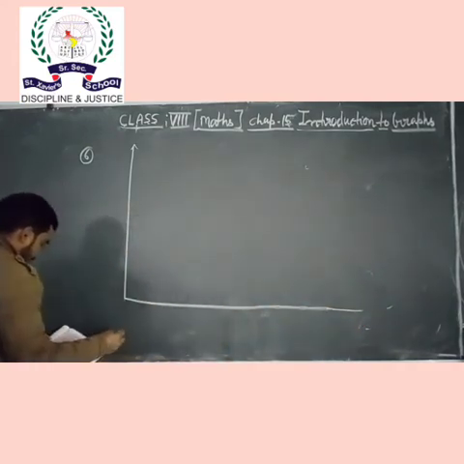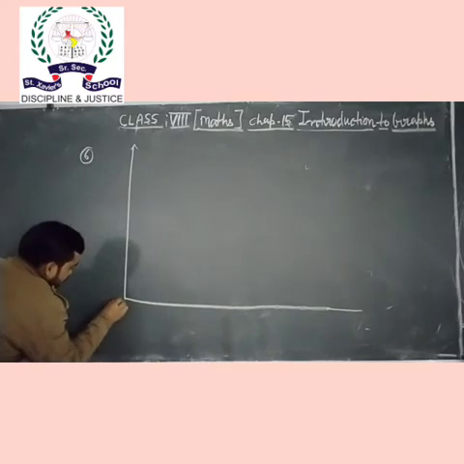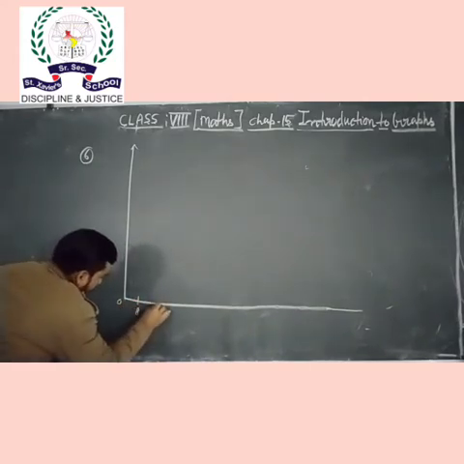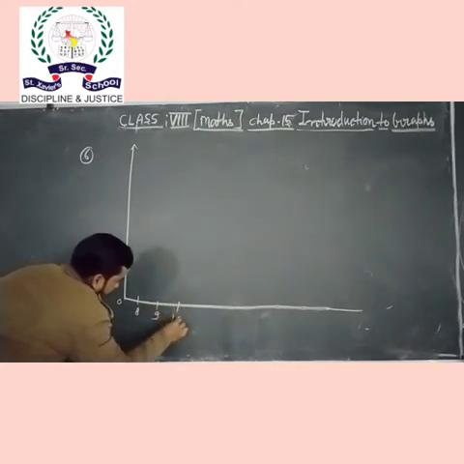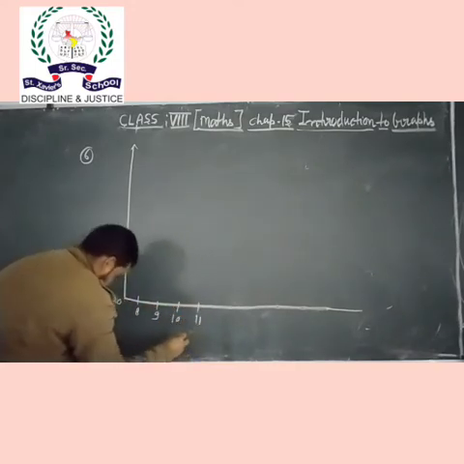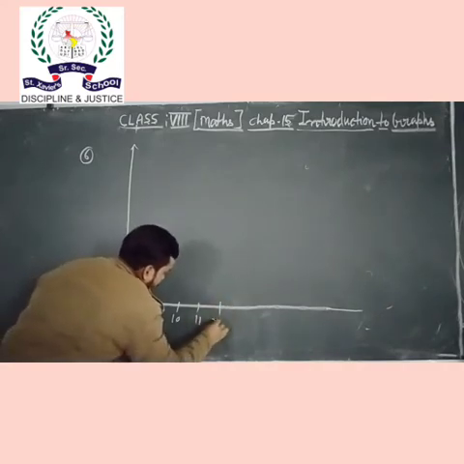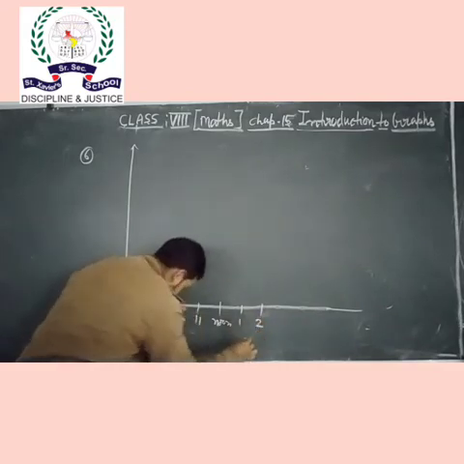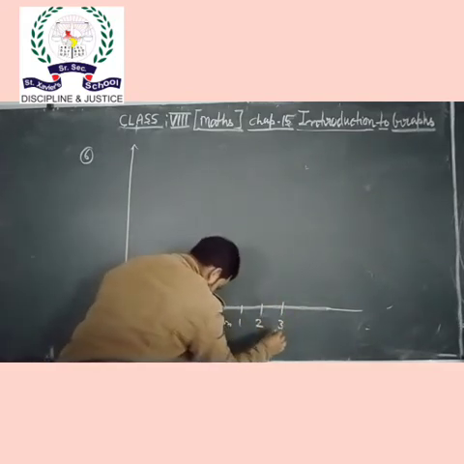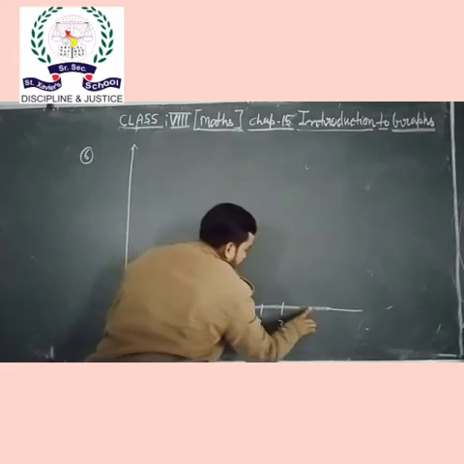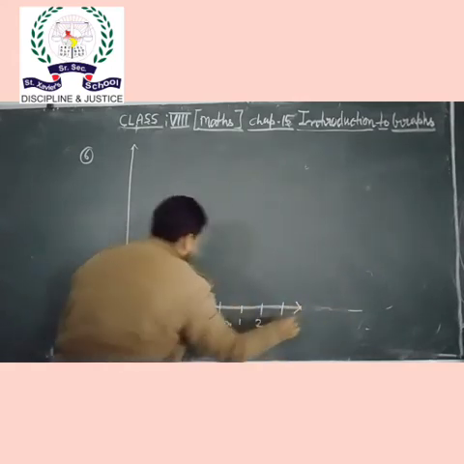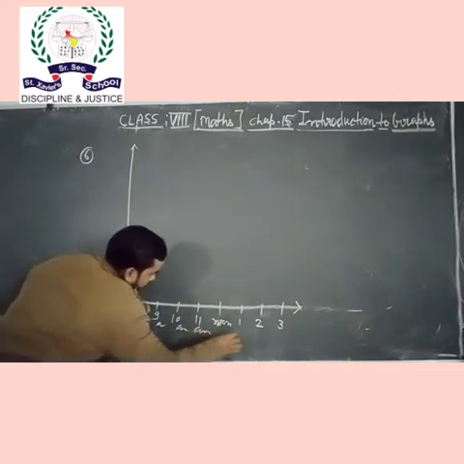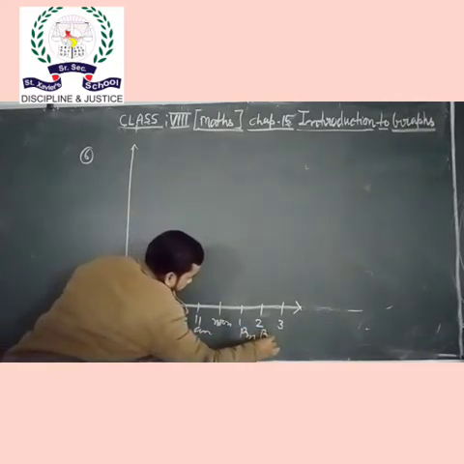So in the horizontal axis, write the time: 8 a.m., 9, 10, 11, then noon, 1 p.m., 2 p.m., 3 p.m. These are AM, then PM.